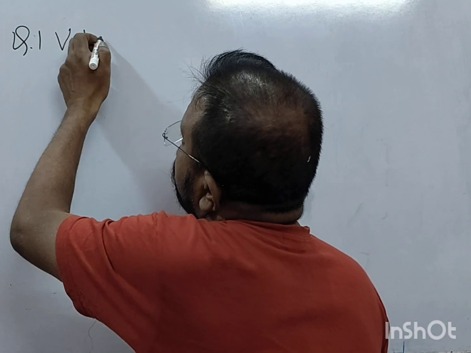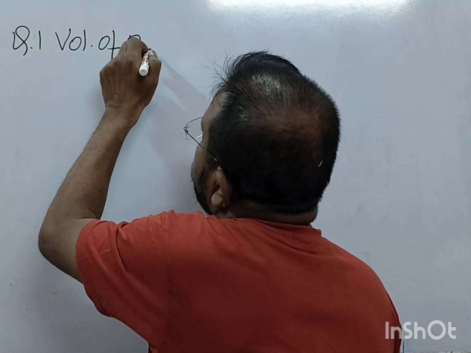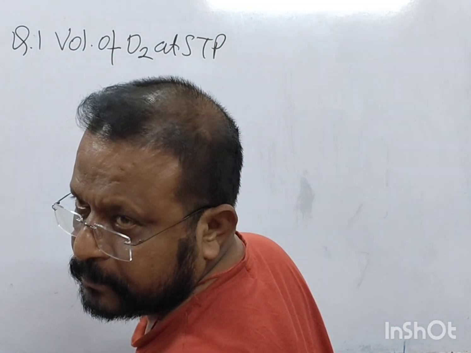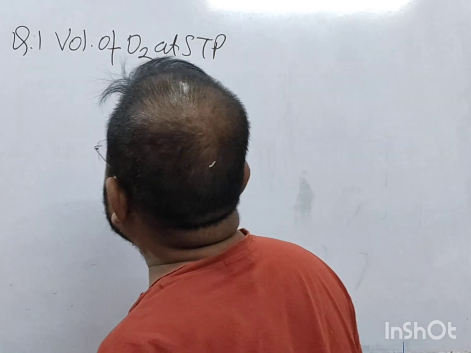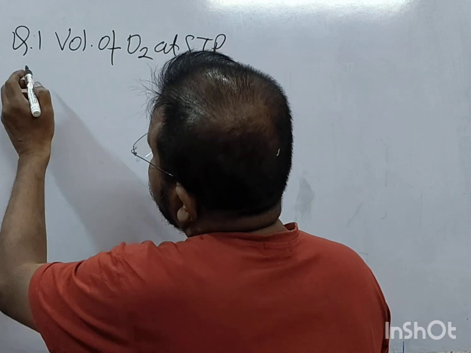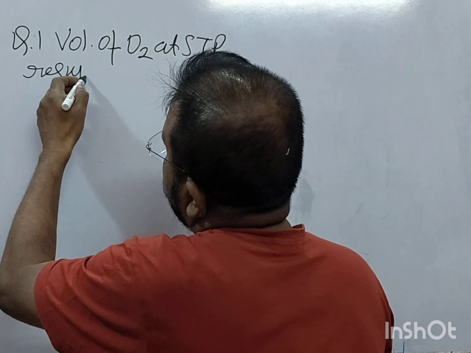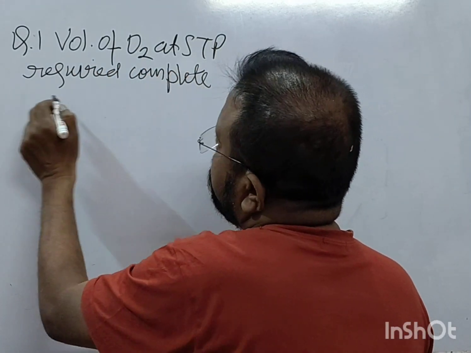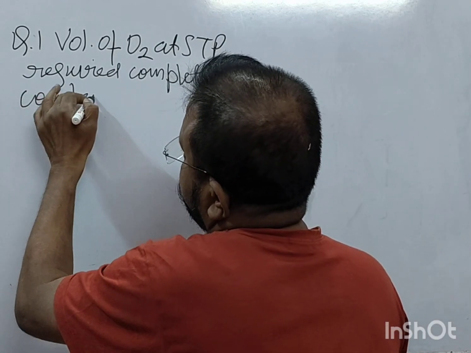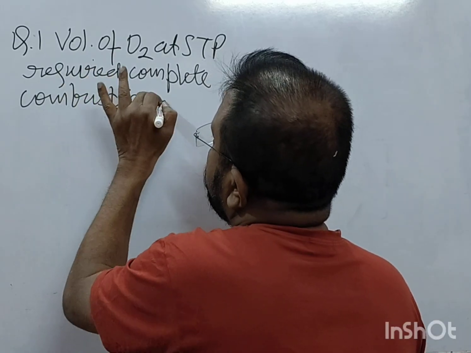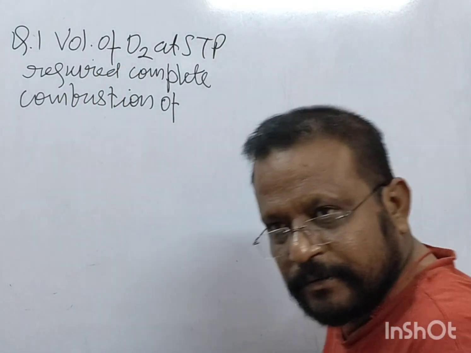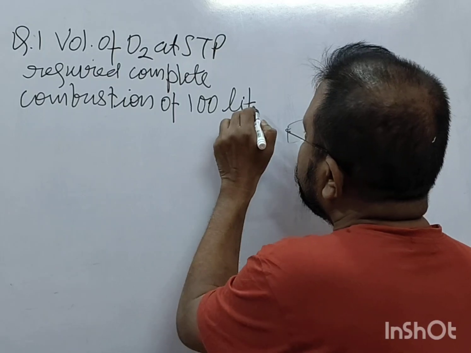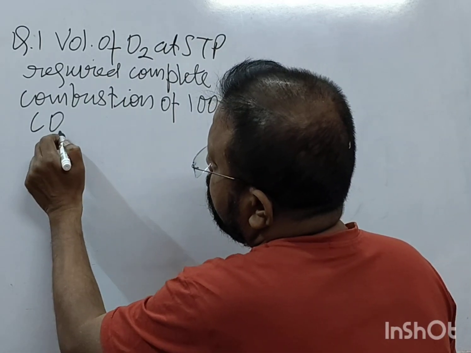Volume of oxygen at STP required for the complete combustion of 100 liters of carbon monoxide, CO.